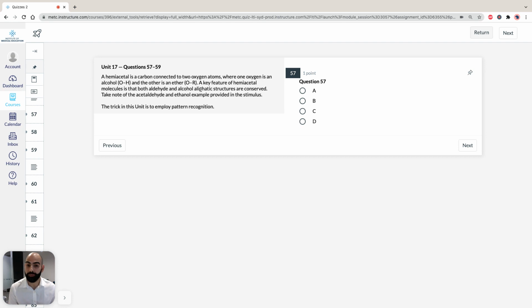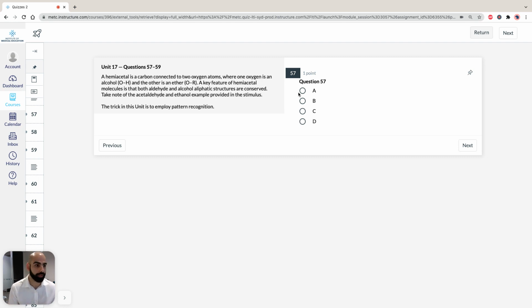A key feature of hemiacetal molecules is that both the aldehyde and alcohol aliphatic carbon structures are conserved. A good example in the stimulus is acetaldehyde and ethanol: the carbon numbers for both are conserved, and we're left with an alcohol group and an ether group.